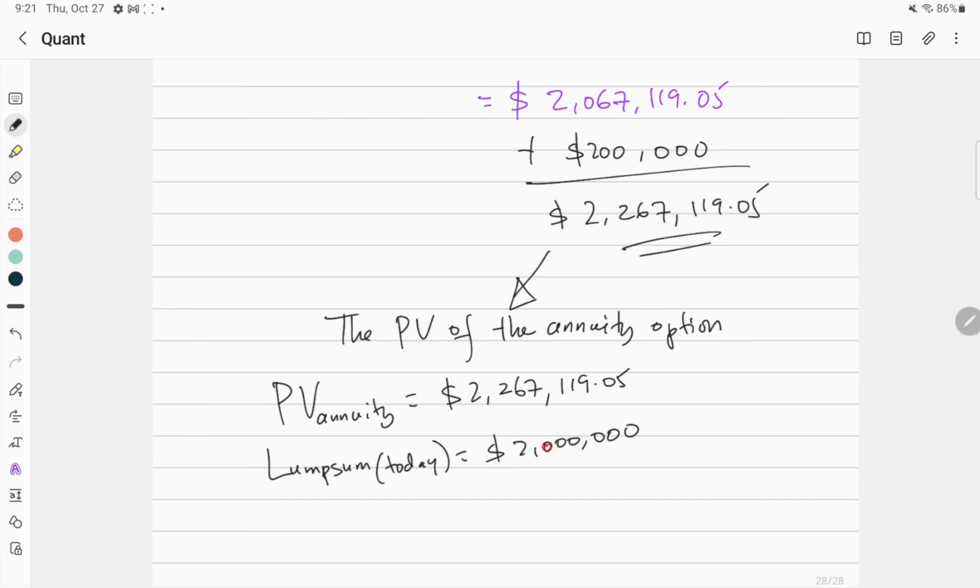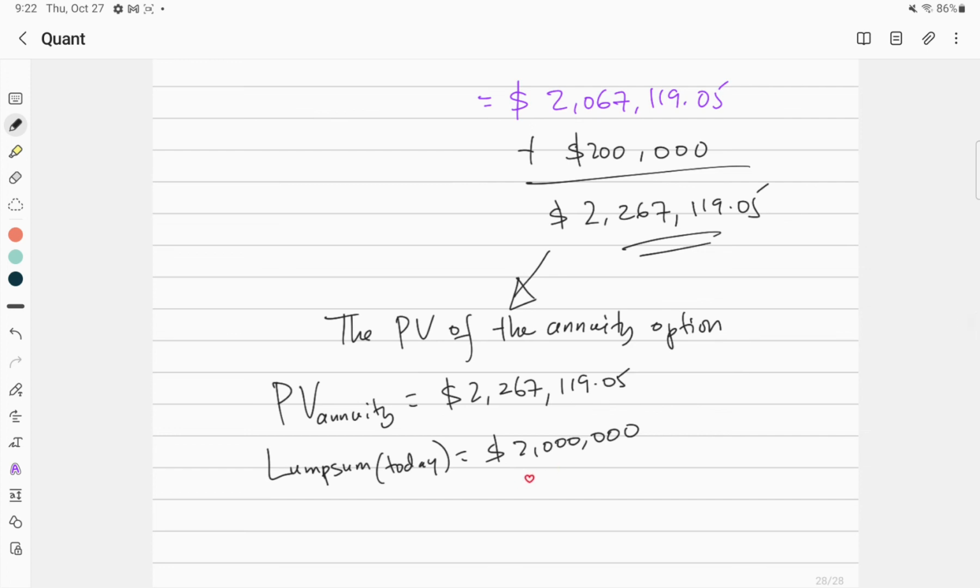Now both are present values. We're going to receive the lump sum today, and even though we're receiving the annuity over 20 years, the present value of all of that payment is this much. So obviously the annuity is greater than the lump sum today. It's better for us as retirees faced with this option to go with the annuity, because it is greater than the lump sum payment by almost $267,000.